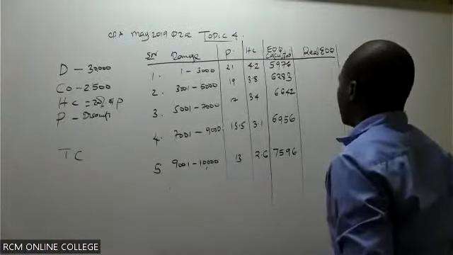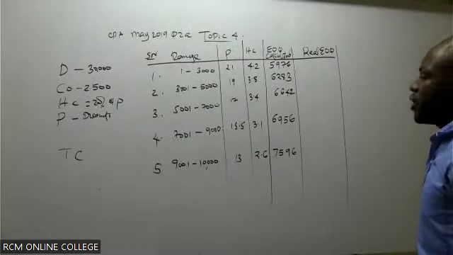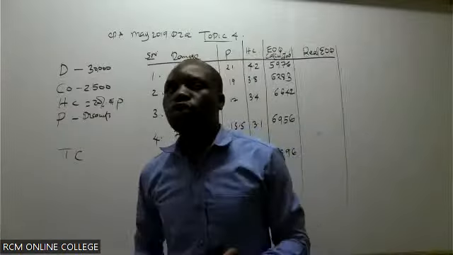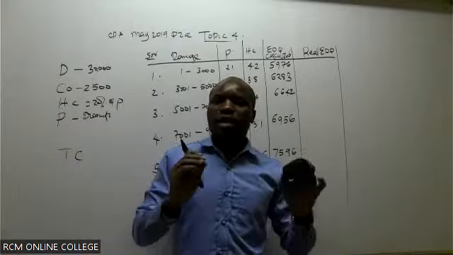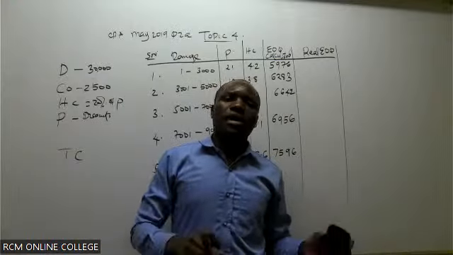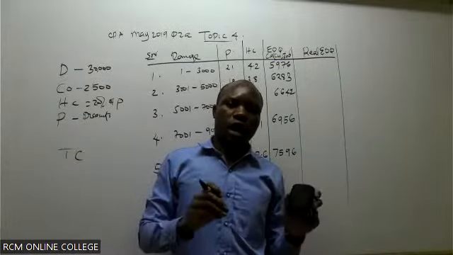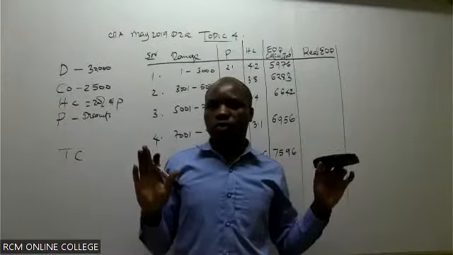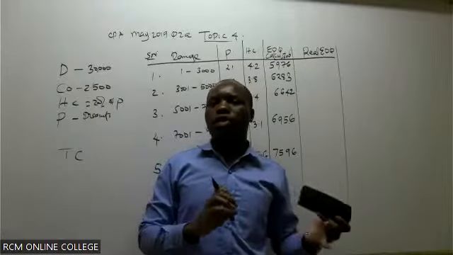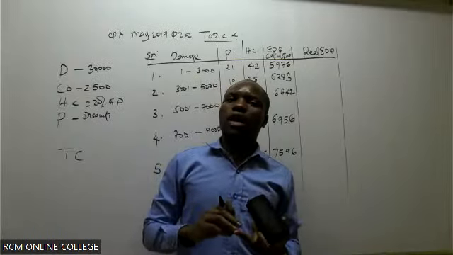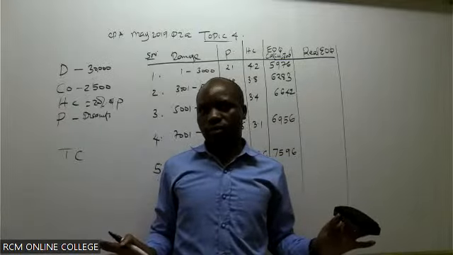You should not order anything below the calculated economic order quantity, but you are allowed to order above the economic order quantity. That is the rule. Don't order anything below the economic order quantity, but you are allowed to order goods above the economic order quantity. That is what we have.